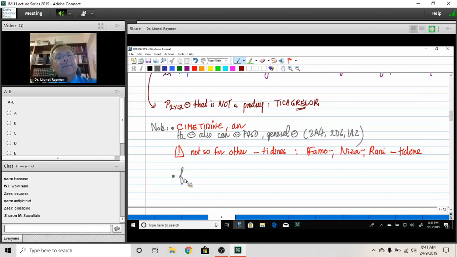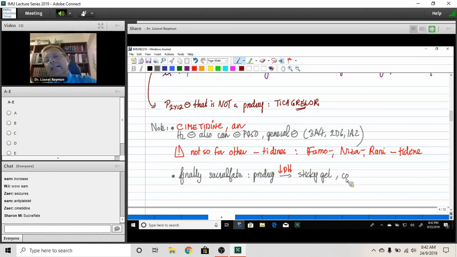There we go. And then finally, sucralfate, that's a prodrug that becomes a sticky gel, only providing there's low pH. And then the idea is to coat the ulcer crater. So it's basically a cytoprotective.